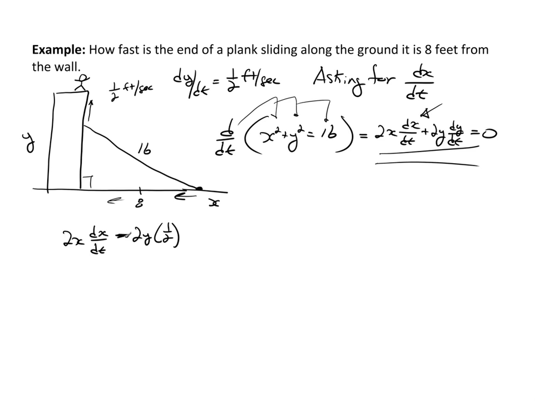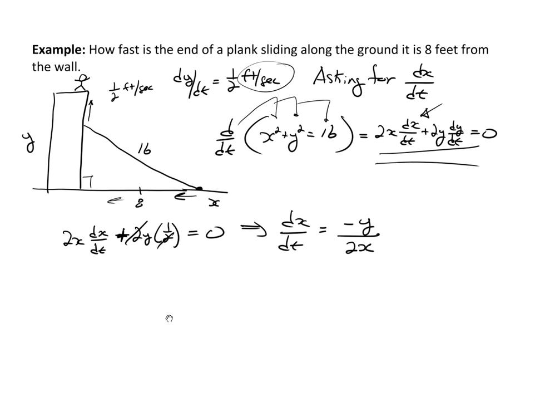Oops, I'm sorry, that's not equals, that's plus, equals 0. Now, it has units of feet per second. I'm going to leave them out for right now, and I'll slide them in in just a second. These 2's are going to cancel. So this is telling me that dx/dt must be equal to negative y over 2x.